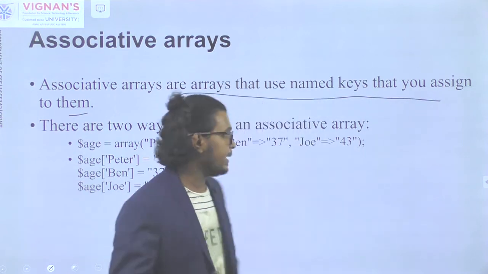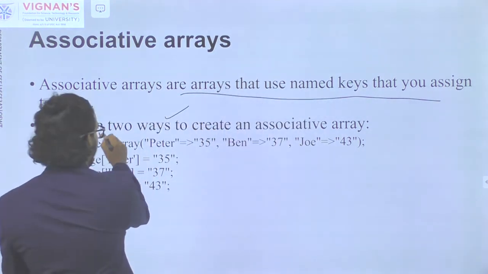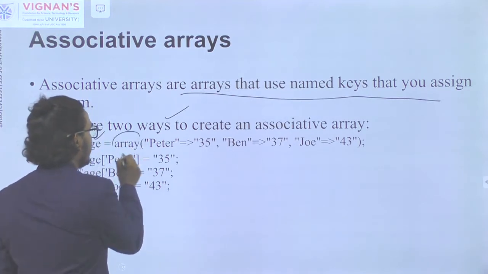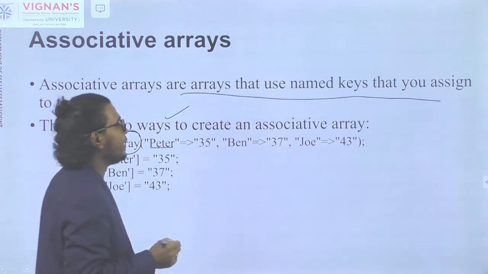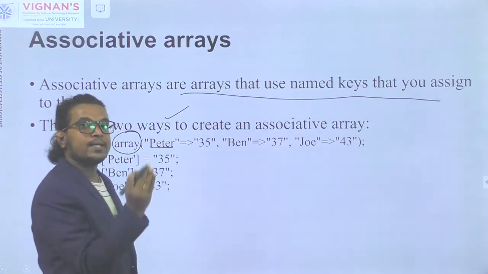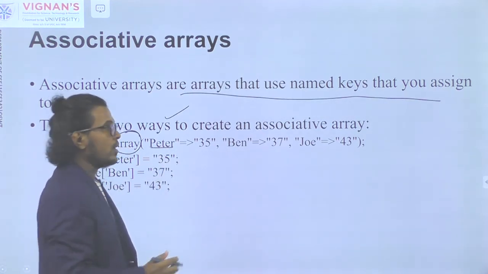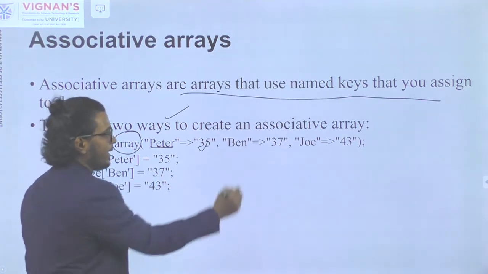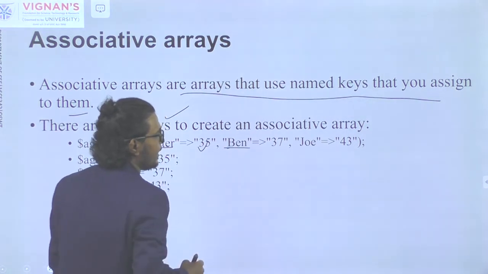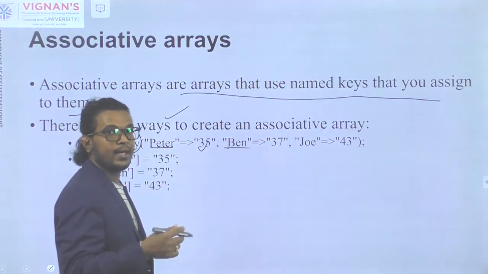The first one is you write your array name, after that write your array function. Write your value. What is my value here? Peter is my value, and you assign some key to that value, and this is called the key. Next, you write the next value in the array, the second value.